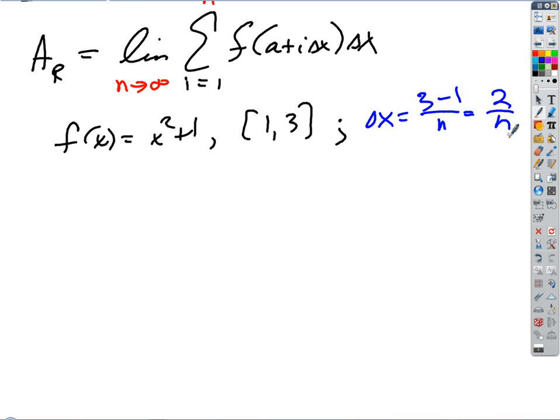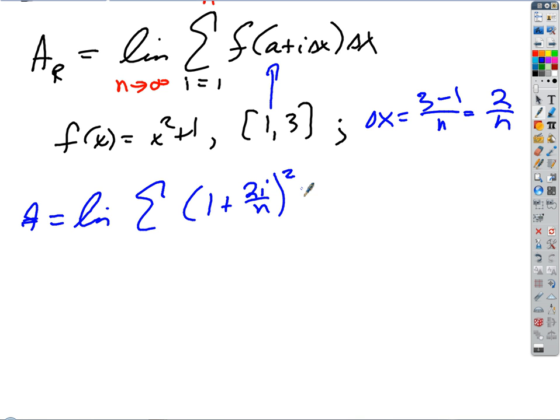Okay, so then, a is just 1, right? So what does f of x look like for us then? It's going to be the quantity 1 plus i times delta x, which is 2 over n, so 2i over n, squared, plus 1. Everybody agree?